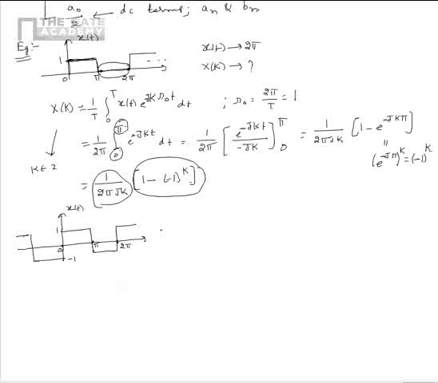Please note that the signal x of t is periodic with period 2 pi. Now we have to find its Fourier series coefficients, that is a0, an, bn, as per the alternate Fourier series representation.